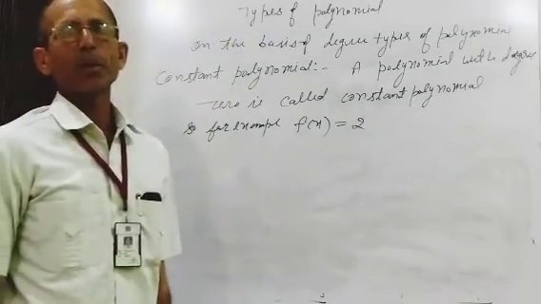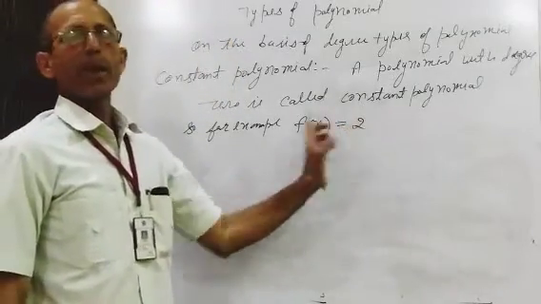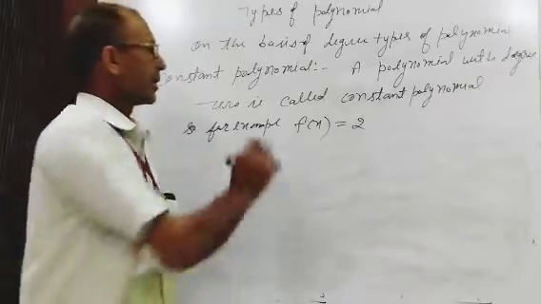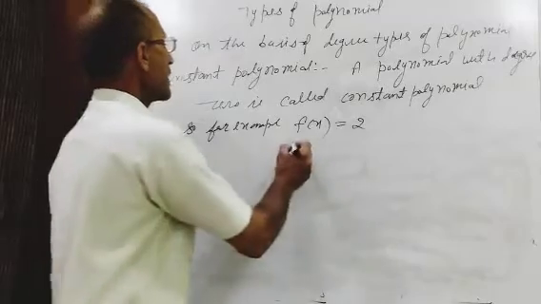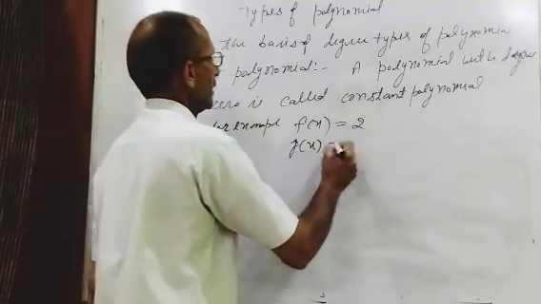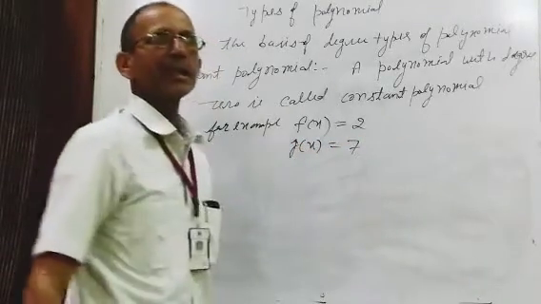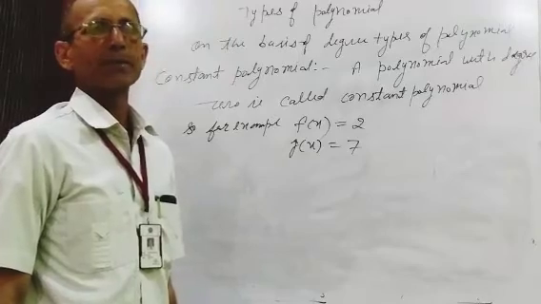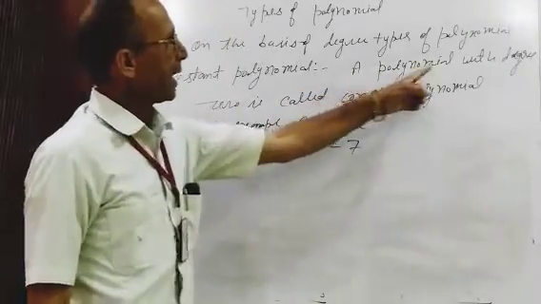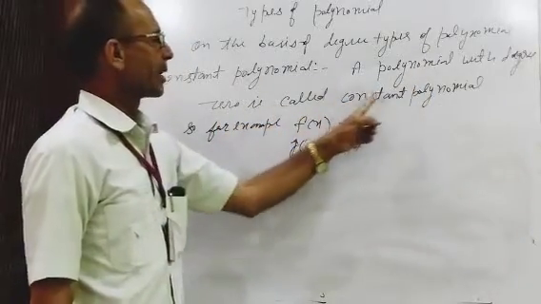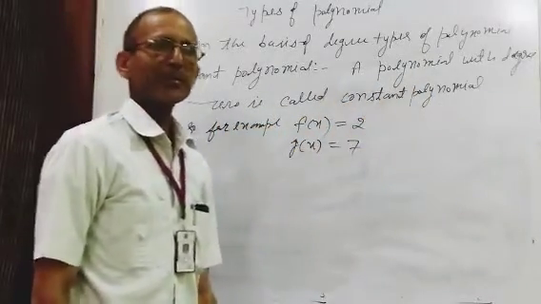This is a constant polynomial because the power of the variable is 0. g(x) is equal to 7. This is also a constant polynomial. Have you understood? A polynomial with degree 0 is called a constant polynomial.